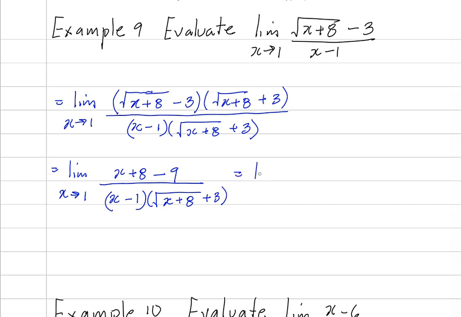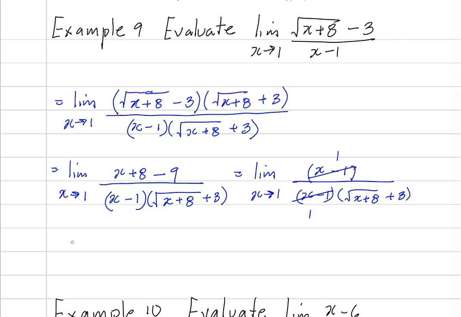This is equal to the limit as x approaches 1. At the top, I have x minus 1. Down the bottom, I have x minus 1 multiplied by the root of x plus 8 plus 3. Alright, so x minus 1 in the numerator and denominator cancels.